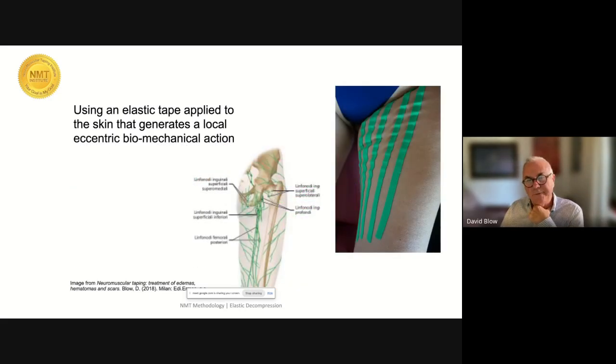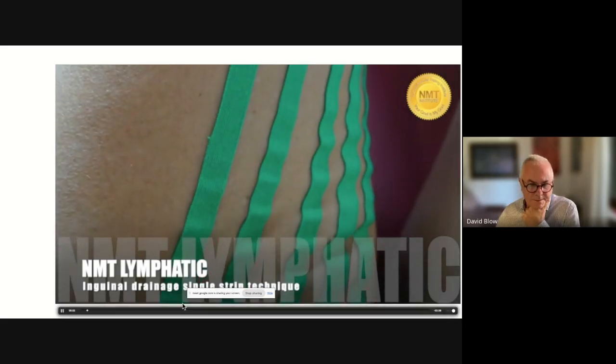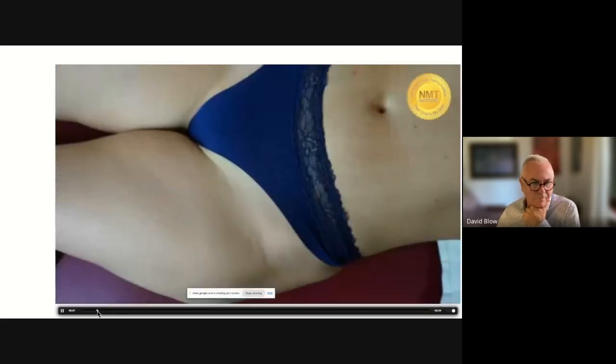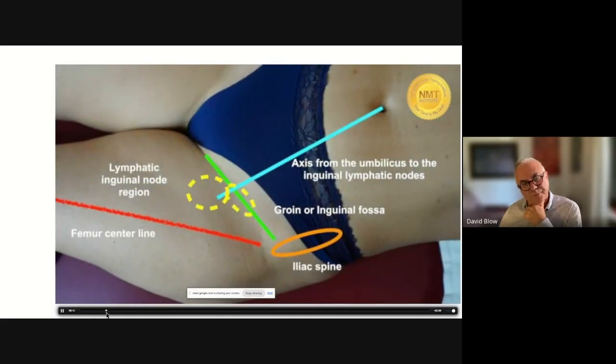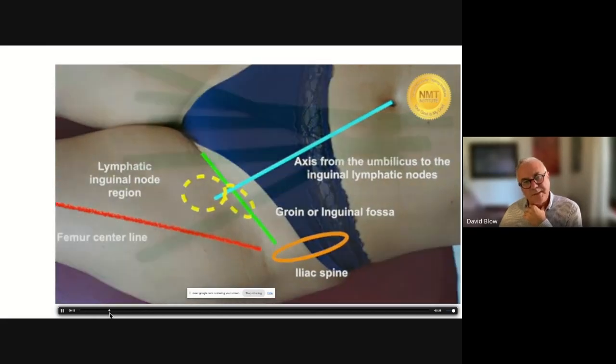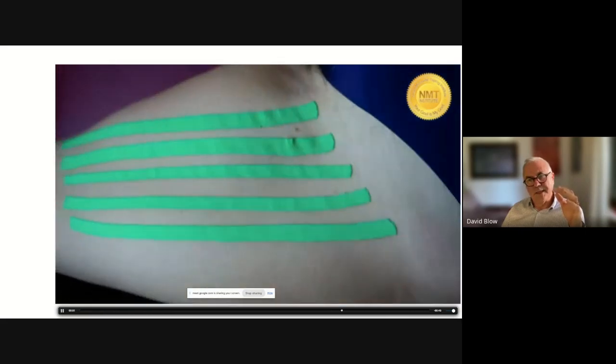Here in the inguinal area, obviously the inguinal lymphatic nodes are our key. Also here is an example of a base treatment that we'll be doing during the course. So our objective is the lymphatic inguinal. Consequently, in neutral position, supine position, or in hip flexed position, you see how the tape is wrinkling.